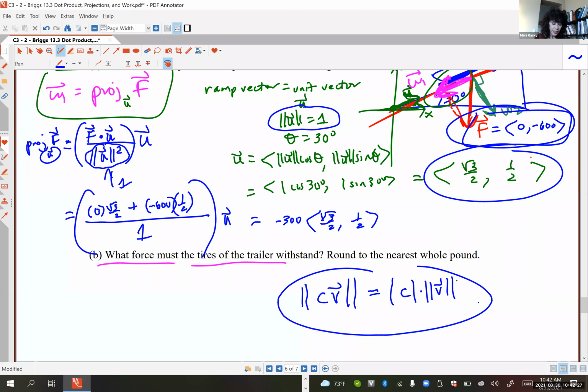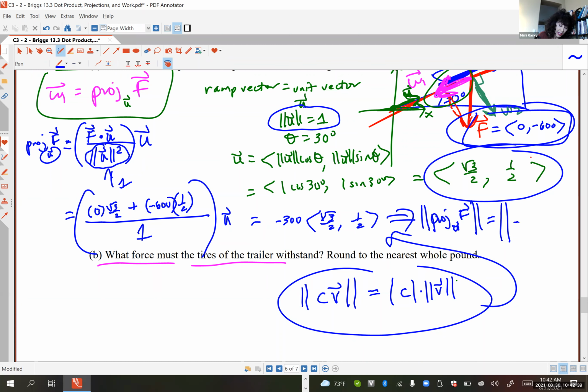I want the magnitude of this projection of F onto u, which means the magnitude of negative 300 times this unit vector. I already know that this magnitude is 1, right? And so this magnitude is just going to be the absolute value of negative 300, which is 300. And voila, we have the final answer for letter A. You're going to have to stand there and push with a 300-pound force against the boat and the trailer so you don't get run over.